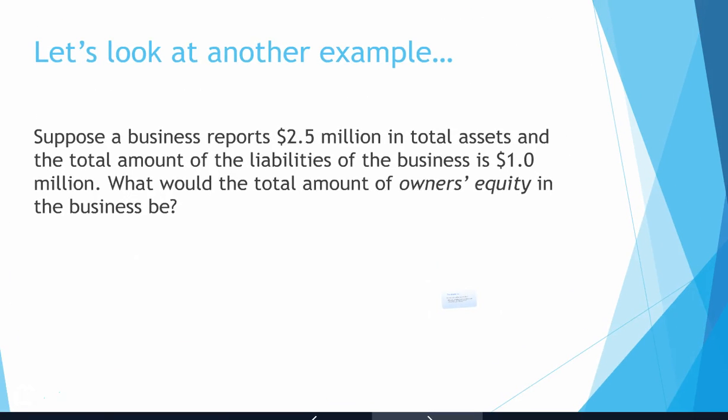Now let's look at another example. Suppose a business reports $2.5 million in total assets and the total amount of liabilities of the business is $1 million. What would the total amount of owner's equity in the business be?